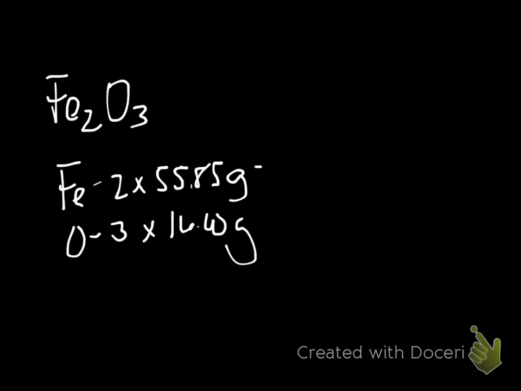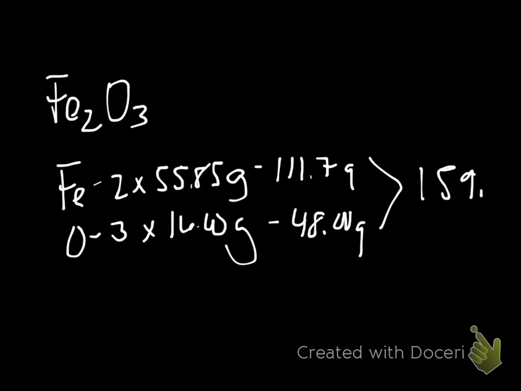Oops. So 48.00 grams and, okay, so I get 159.7 grams of iron 3 oxide in 1 mole of iron 3 oxide. So if I hand you a container that has 150 grams of iron 3 oxide in it, I've handed you almost a mole of iron 3 oxide.